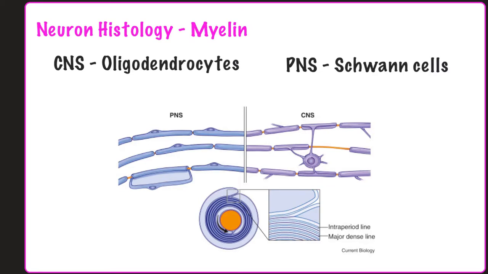So in the central nervous system, you'll see an oligodendrocyte with its cell body, almost like an octopus, extending many arms out, and those arms are actually doing the wrapping. So one oligodendrocyte can wrap in many areas along the axon, whereas in the peripheral nervous system, one Schwann cell can only wrap one area of one axon. So the way that they both do it is very different from one another.